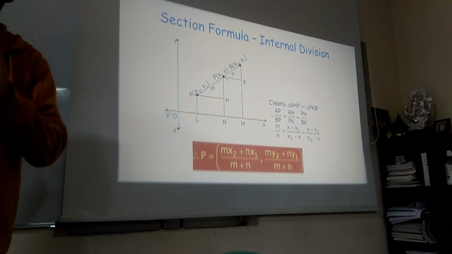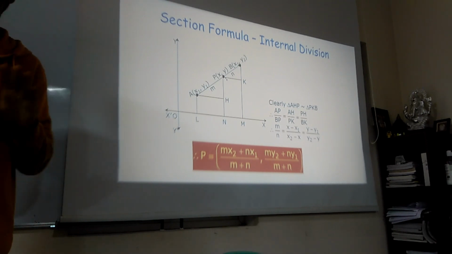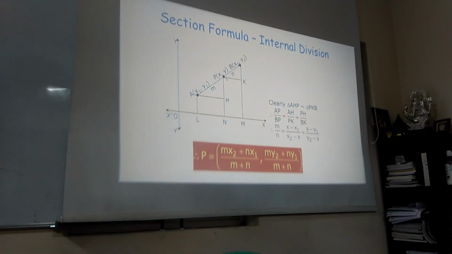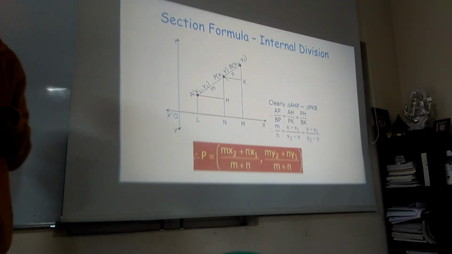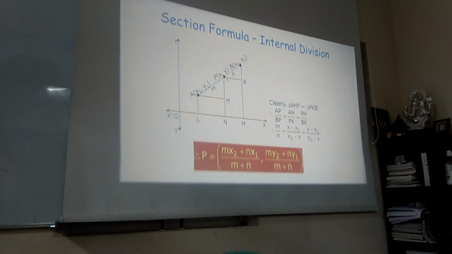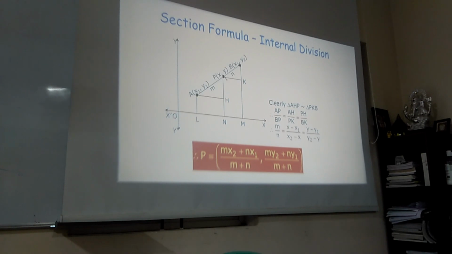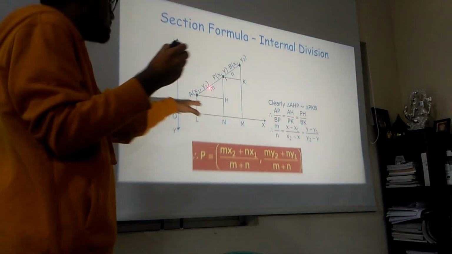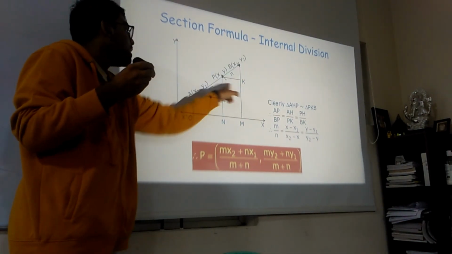It is not exactly in the middle. It is somewhere in between A and B, and that point is dividing A and B in the ratio m:n. Since it is dividing in the ratio m:n, the point P can be found by using the formula m into x2 plus n into x1. Very simple. m into x2, n into x1.